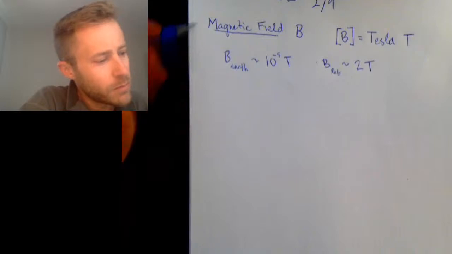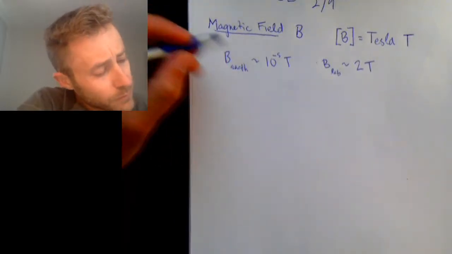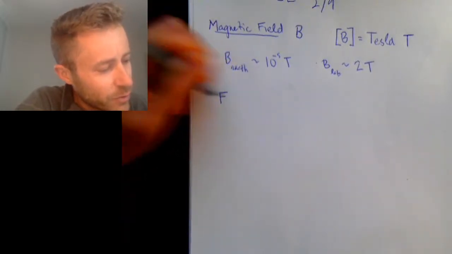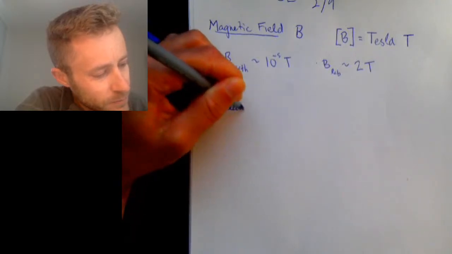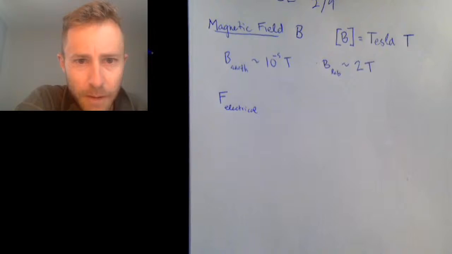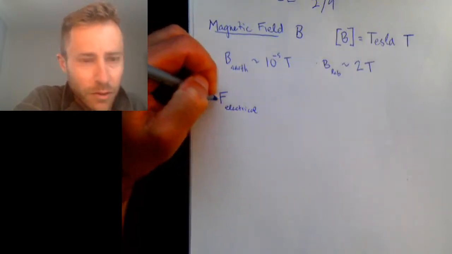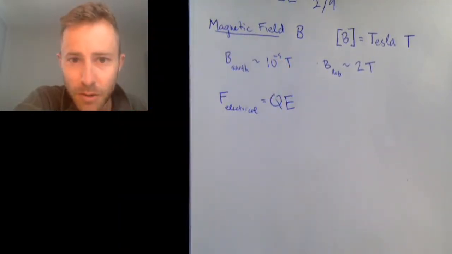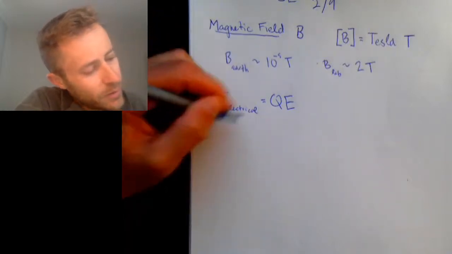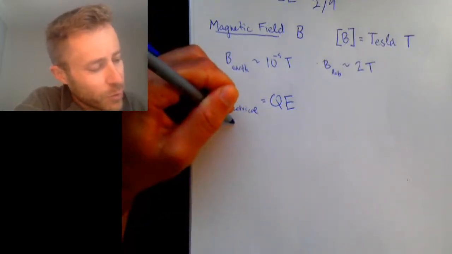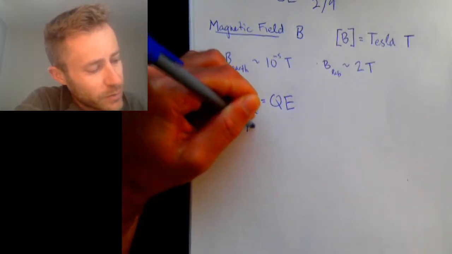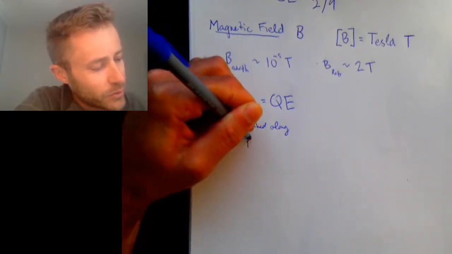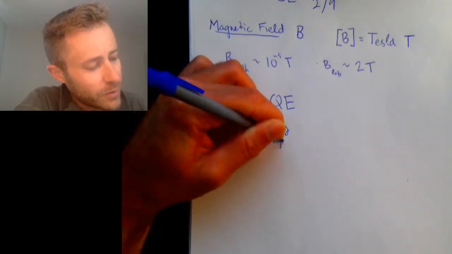So you might recall that when we were talking about the law for the electrical force, the law for the electrical force is QE. And for the electrical force, basically the rule was positive charge is pushed along the field and negative charge is pushed against the field.